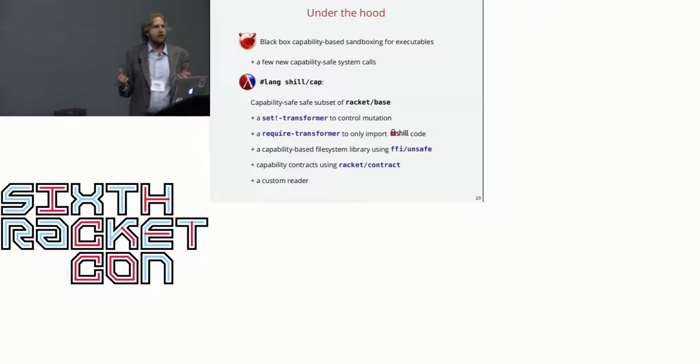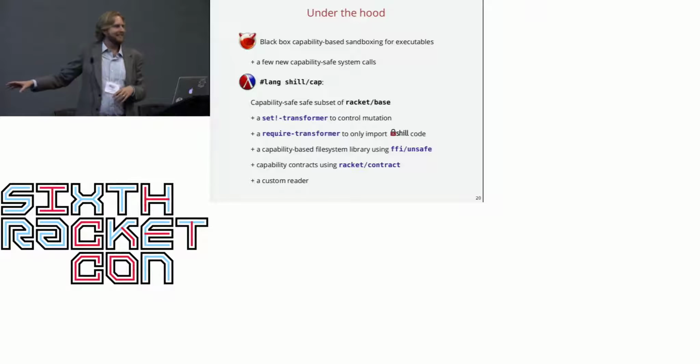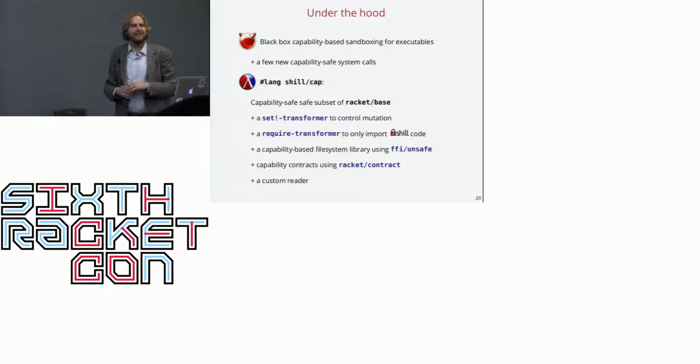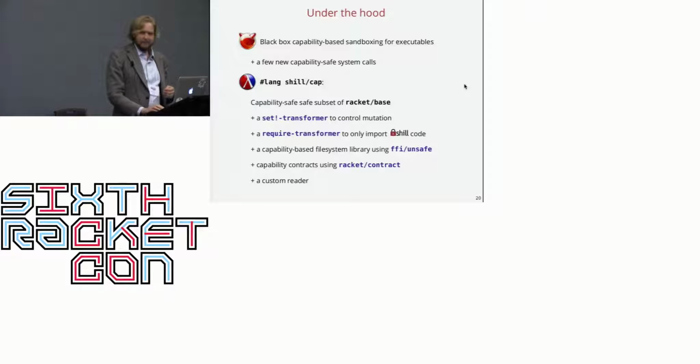So all the great tools that Racket makes available really let us hone in on exactly what we wanted to do really quickly. As Alexis was talking about earlier, Racket is definitely an amazing environment to play around with language design. And then, of course, we have a custom reader so that we could hide all the intimidating parentheses from scripting people. I think I'm going to put more parentheses back in, though, because I like them.